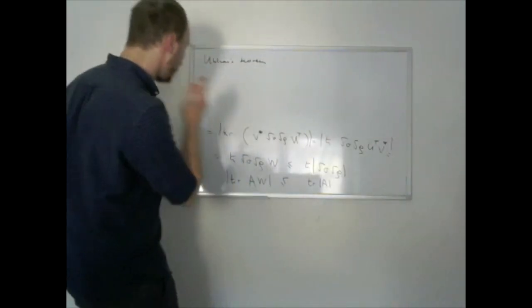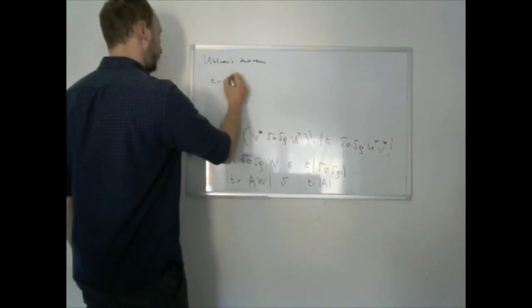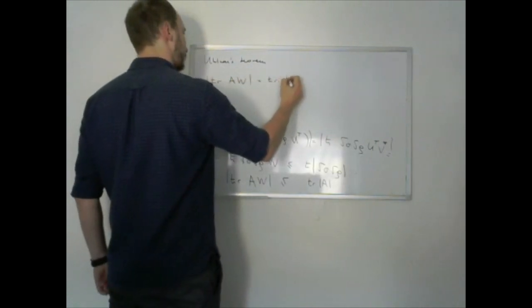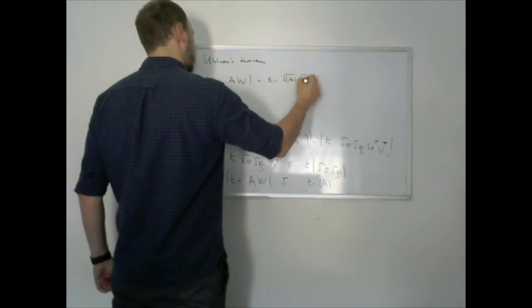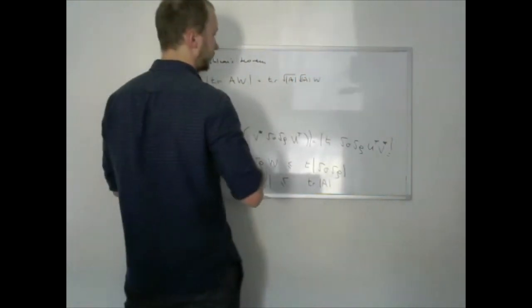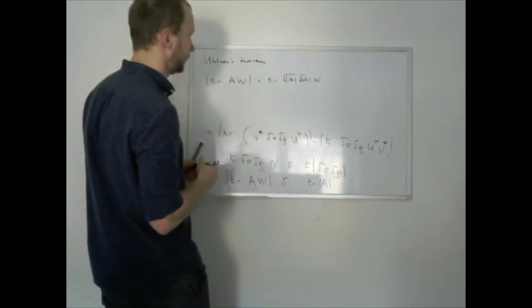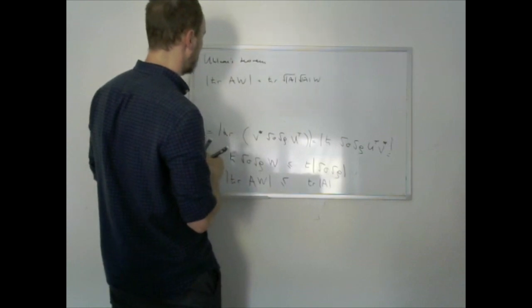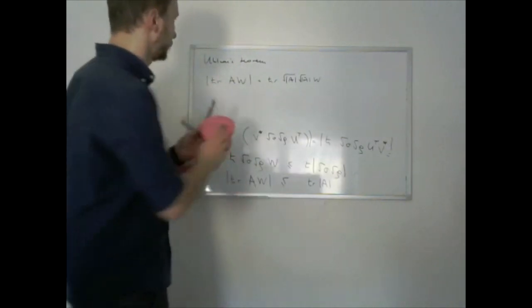So trace of AW, this is equal to trace of A squared W. Oh, no, wait, that's wrong.